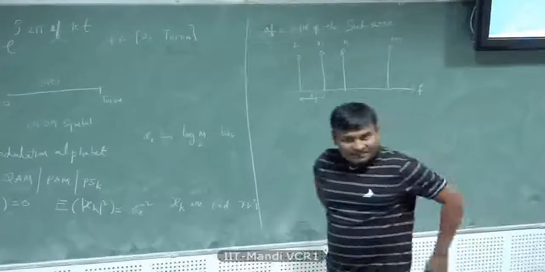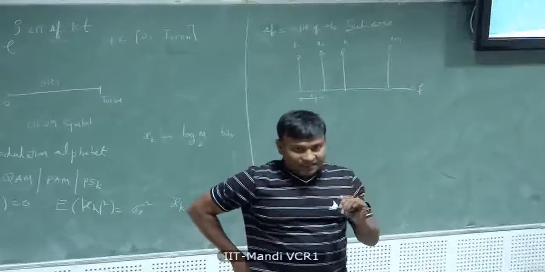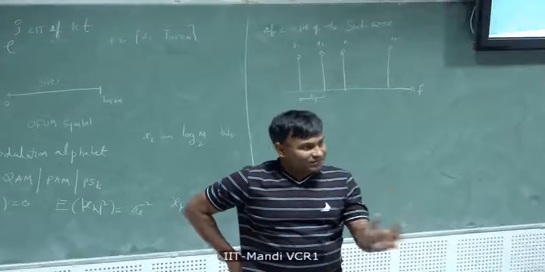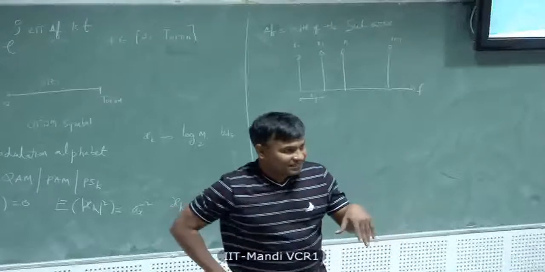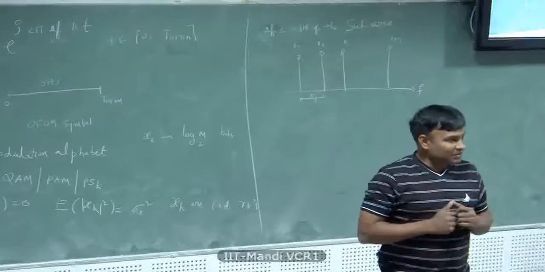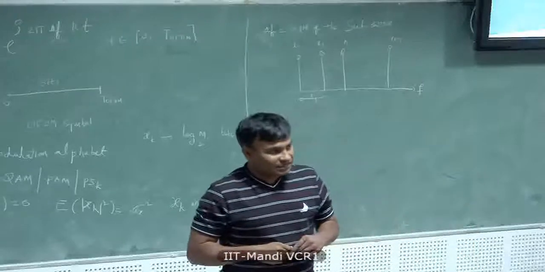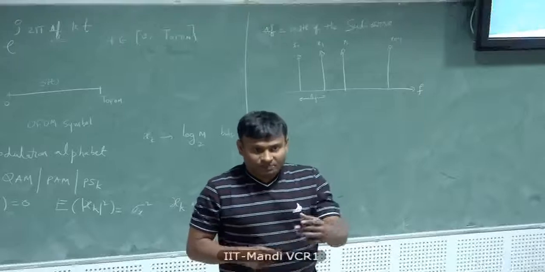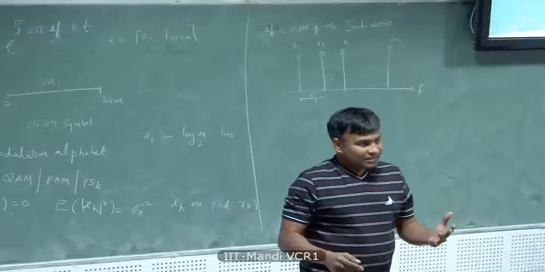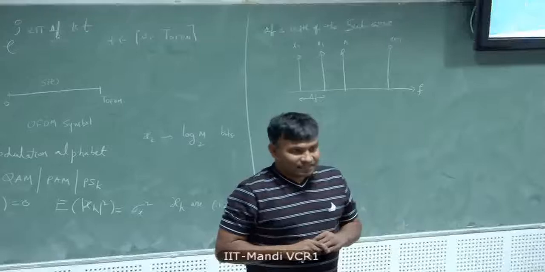Yeah, we're talking about the bandwidth. Okay? In single carrier systems, I don't know if you remember, you have a signal summation over k of x of k, p of t minus kT, right? Remember? Where p of t is the pulse shaping filter. The bandwidth of the system in a single carrier system is dictated by the choice of the pulse p of t. Okay? And if p of t is rectangular, the frequency domain spectrum decays like a sinc in frequency domain.